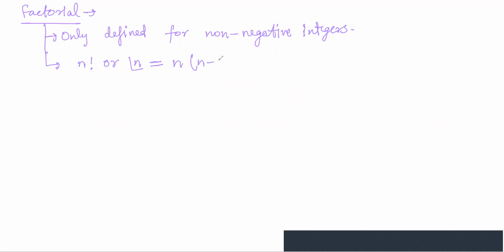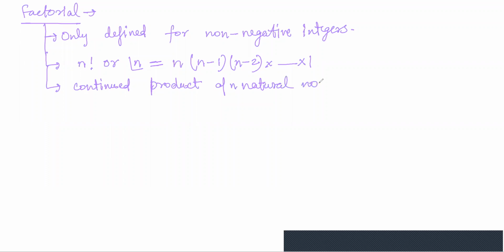And what does this mean? n factorial is equal to n into n minus 1 into n minus 2 into up to 1. So this is basically the continued product of n natural numbers.